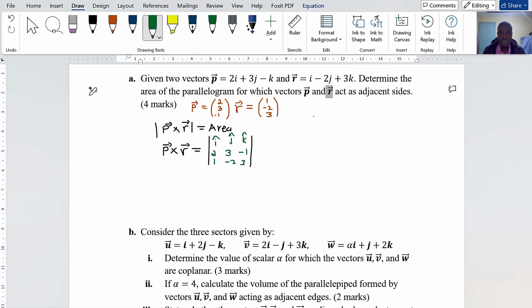Okay. Now before we go to the cross product, we need some definition on the Cartesian coordinate system. Now we know that the cross product of two vectors is a third vector perpendicular to the two vectors. Now let's see what is happening, and direction matters. So the first case we have i. For us to get i, we cross j to k.